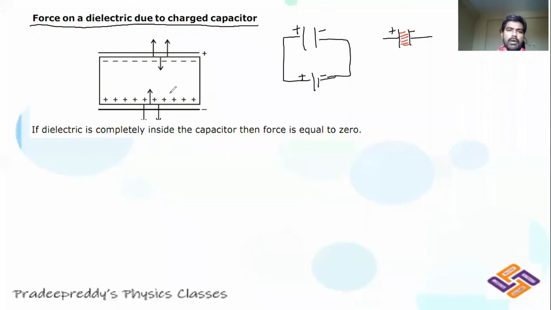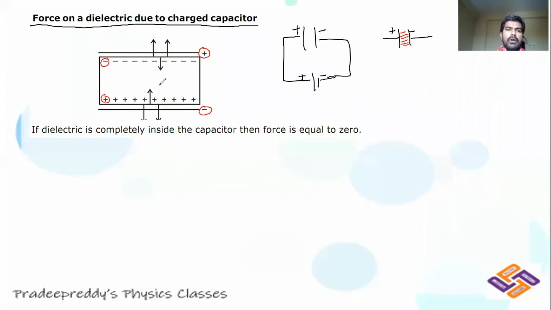So as a result, what would happen? See, here there is positive charge upon this plate, and upon this plate there is negative charge. As I already told you, within this dielectric slab there will be charges. The negative plate will attract positive charges towards its side. The positive plate will attract negative charges towards its side.